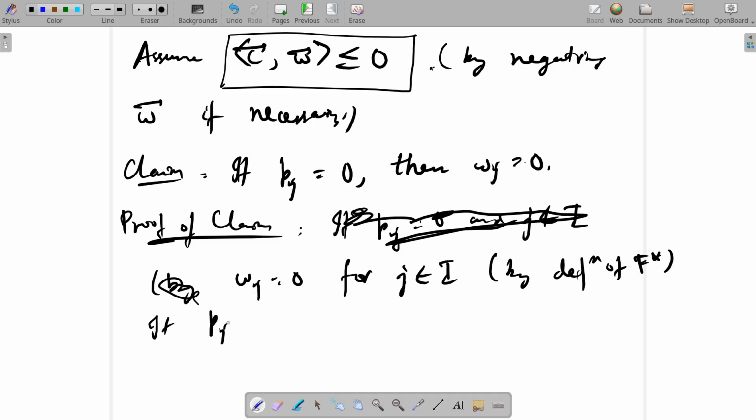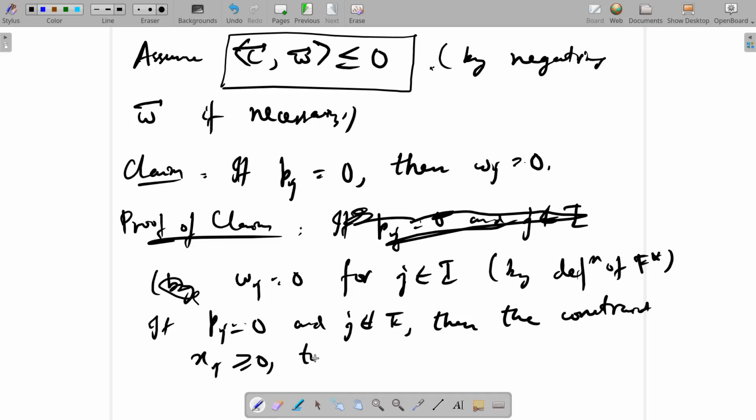If Pj is 0 and j is not in I, then the constraint xj bigger than or equal to 0, which is tight at P, must be linearly dependent. That was the observation that we had made, and that is the observation we are using here.